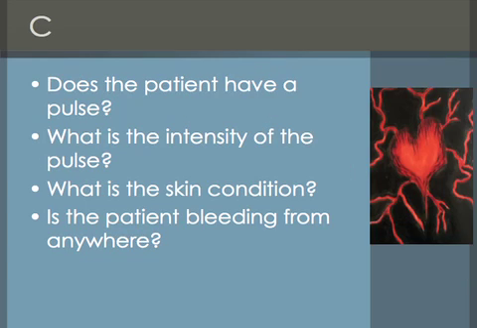Now, we're on to C, circulation. Does the patient have a pulse? That is always the first question you ask. If the patient has a pulse, what's the intensity of that pulse? How well are they moving their circulating blood volume around their body? What's the skin condition? The skin is the largest organ in the body, but it's not considered a vital organ.